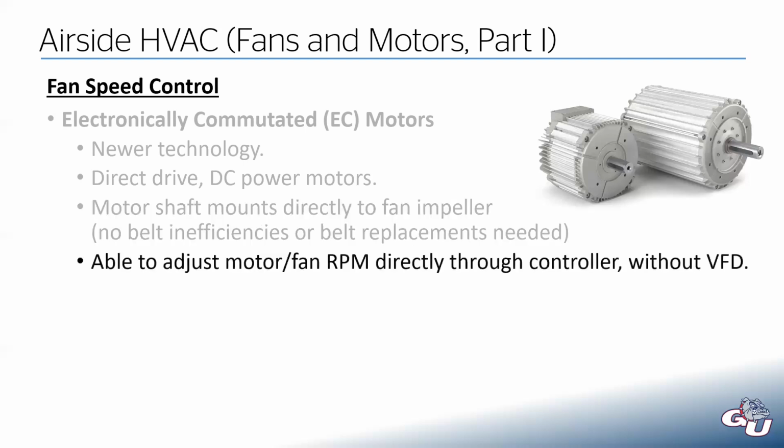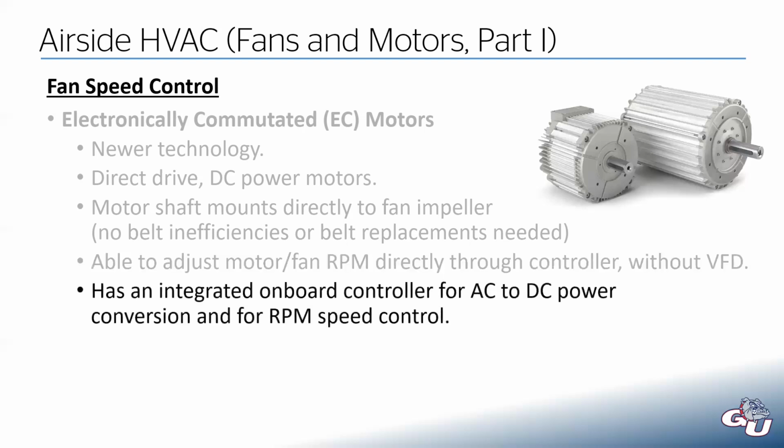And with EC motors, these are able to adjust the fan RPM directly through an onboard controller without a VFD though. These are effectively doing the same thing as a VFD in that they are directly modifying the fan speed, but they can do it without a VFD.